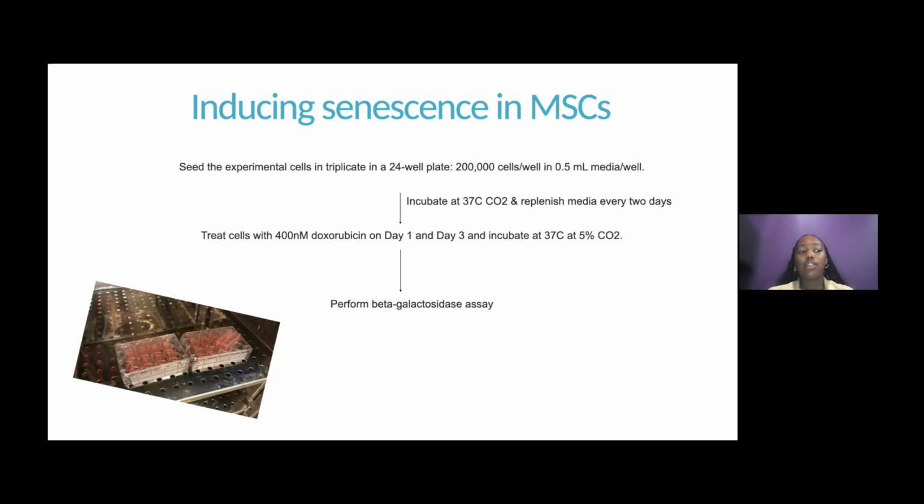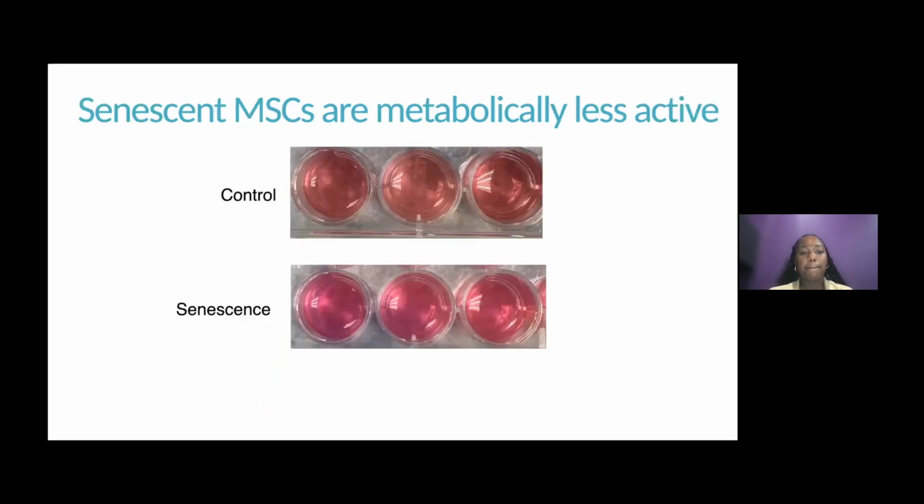When the cells obtain 90% confluence, that's when the cells are treated with 400 nanometers of doxorubicin on day 1 and day 3, and then incubated. So usually senescent cells were attained by day 5. And then the most important test performed was the beta-galactosidase assay.